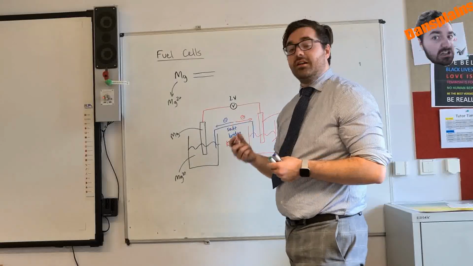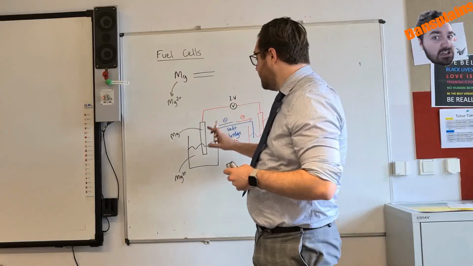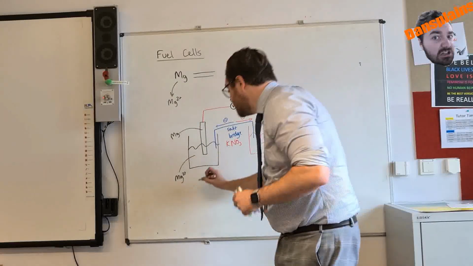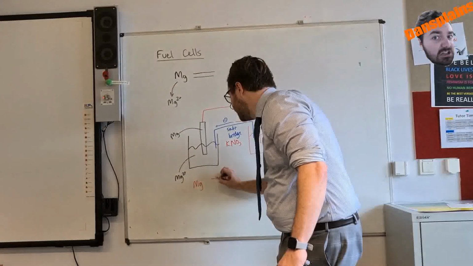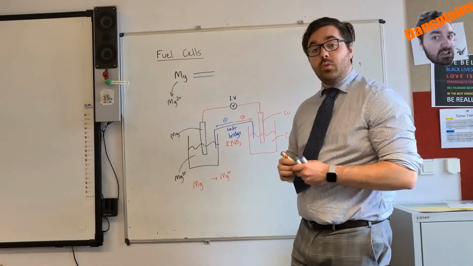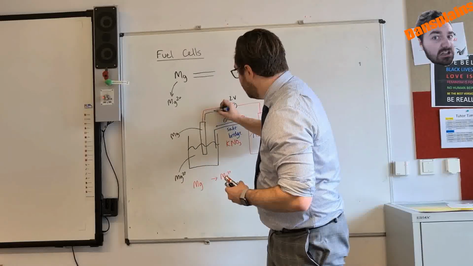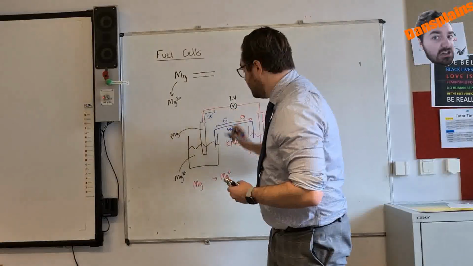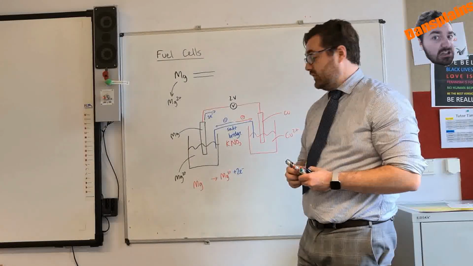So we've already done half equations in electrolysis, but we can also do them here for each element. So my Mg will be becoming Mg2+. Now the only way it can become Mg2+ is if it gives 2 electrons to the other side, 2e-.